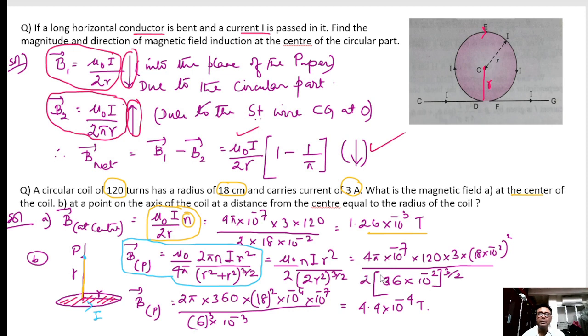Calculating and putting in the values, we get that the magnetic field is this, and its direction will be along the axis of the wire. Clear?